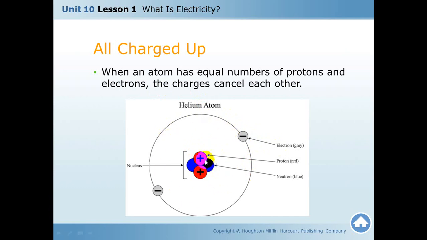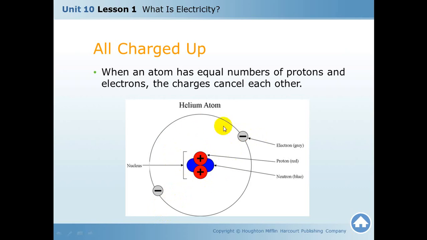It has 2 protons, so plus 2, and 2 electrons, so minus 2. The plus 2 protons and minus 2 electrons cancel each other. So equal numbers of protons and electrons cancel each other, and this atom has no charge.